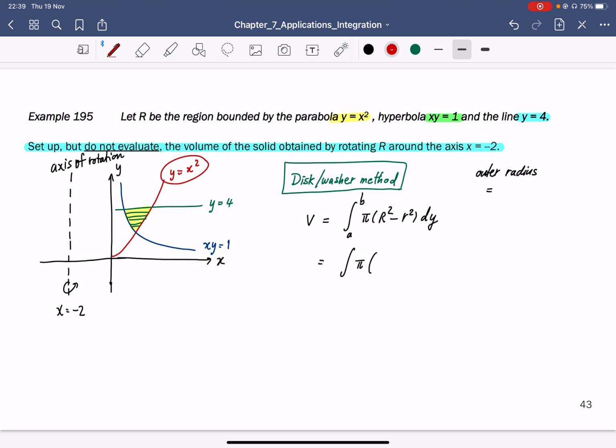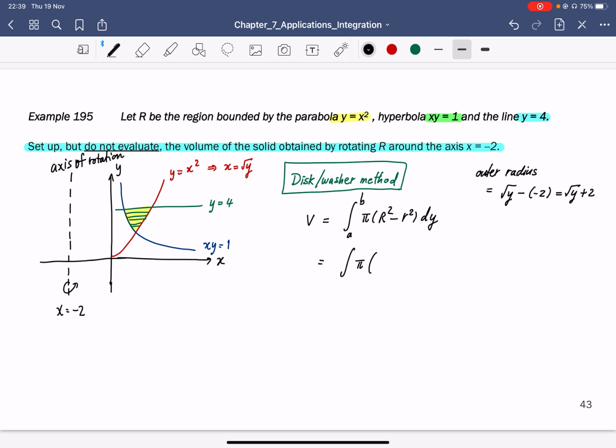So y equal to x squared here turns into x equal to square root y. That means the outer radius is going to be square root y, which is the red line, minus the axis of rotation, which is -2. So this is square root y plus 2.